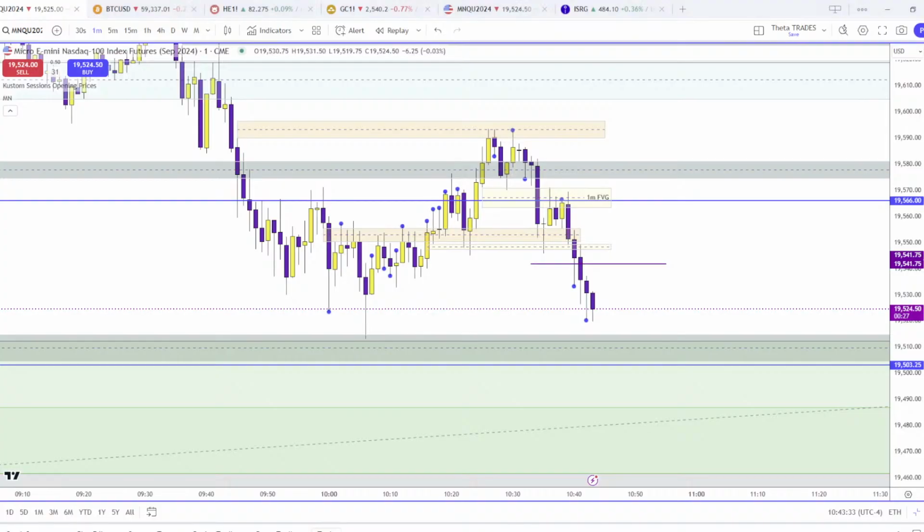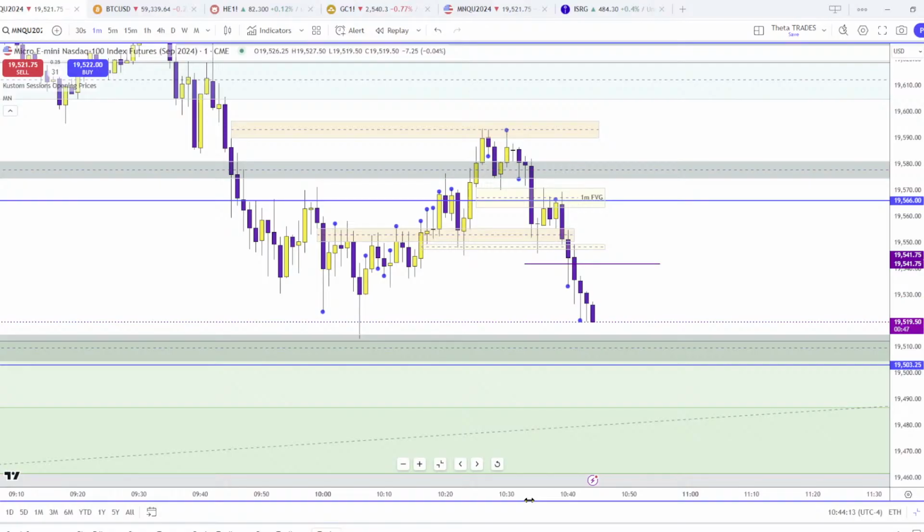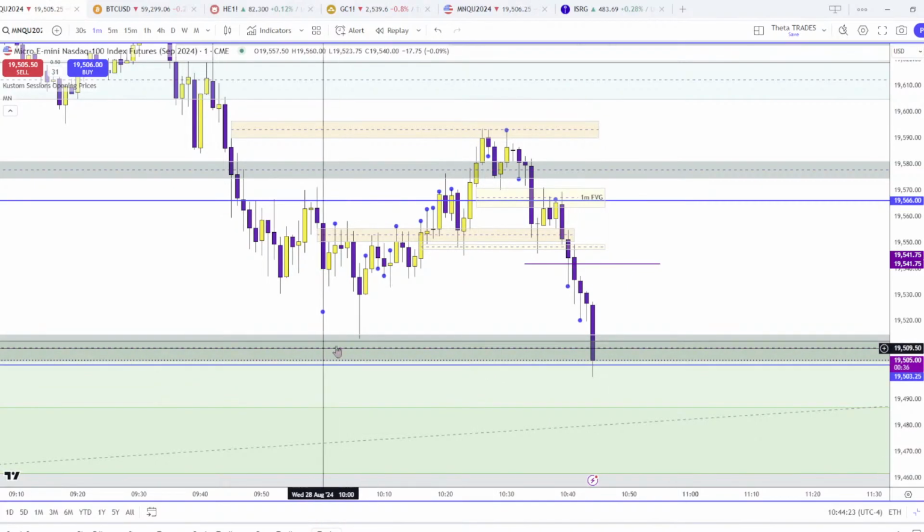So further downside prices, I guess. There we go. Continuation. Finally pick out those lows.